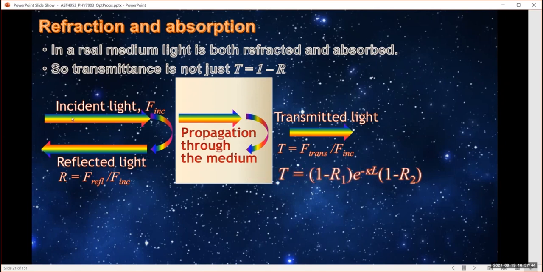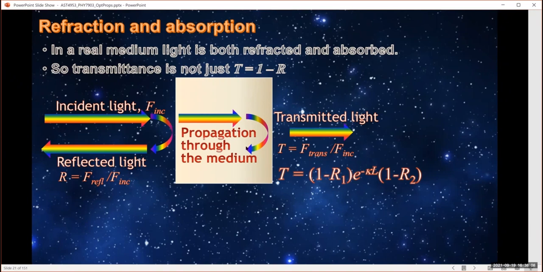What we can say is we've got the incident light and some of it is reflected. If the reflection at this point is R1, then the amount of light that makes it into the slab is 1 minus R1. That is then affected by some sort of absorption. That's what this term here is for. We're going to come back to this in some more detail later.